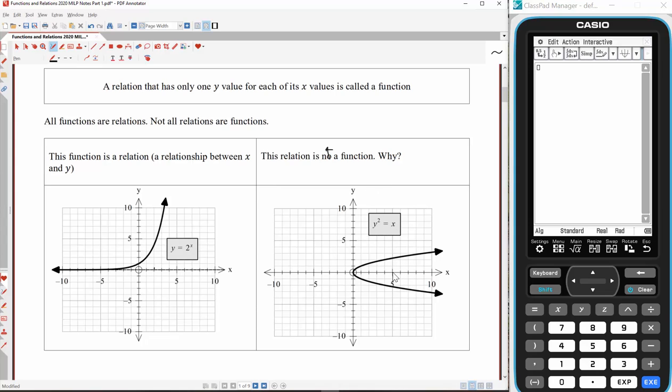The reason it's not a function is that when I use x equal to 5, it produces this y value and this y value, and that's a problem. Functions only ever produce one y value for each x value. Once it produces two, it gets a little confusing. Which one's the value that comes out of the function? So this one here, we call a relation, but it is not a function.